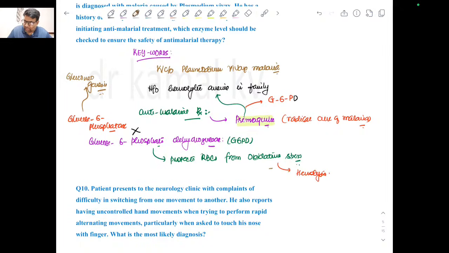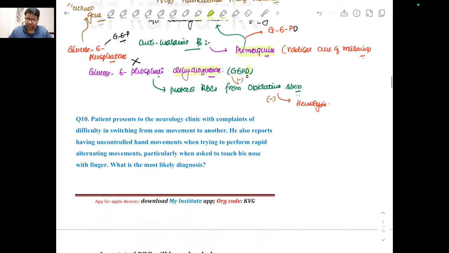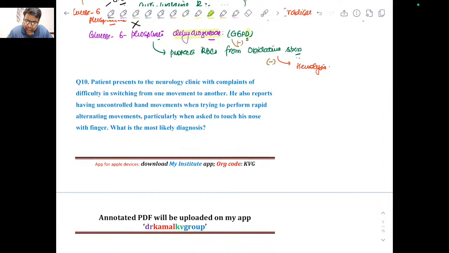Clear? So if there is absence, it results in hemolysis. So the only purpose is to inform you that G6PD is different, G6P is different, right? So just make sure that you don't fall into this basic trap, okay? So this is how you should solve this question.